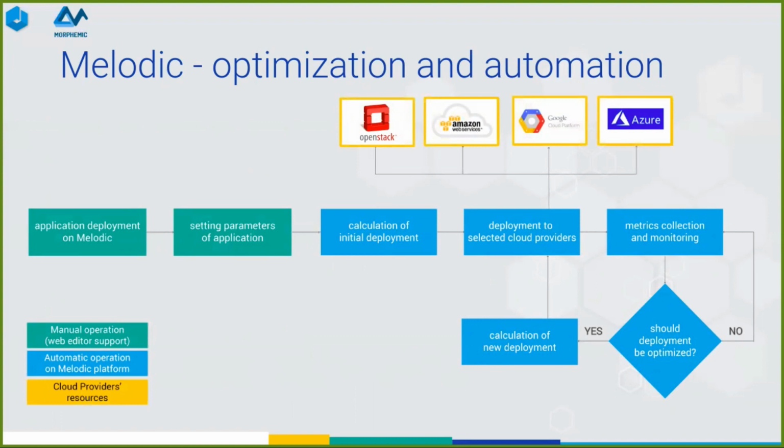When the application is running, the metrics are collected, and Melodic is monitoring the application. When certain thresholds of the metrics are exceeded, Melodic looks for a new, better solution, and after finding it, the application is reconfigured.